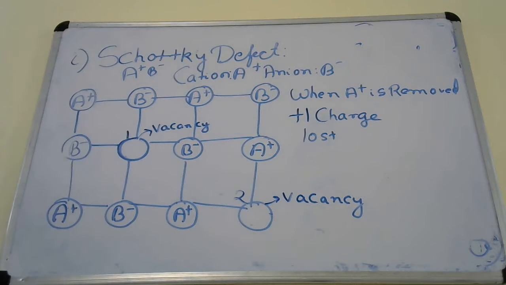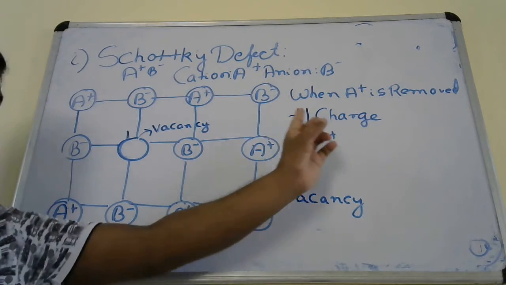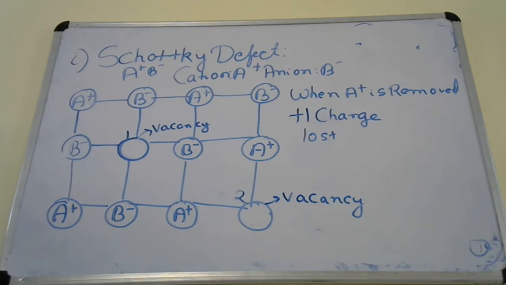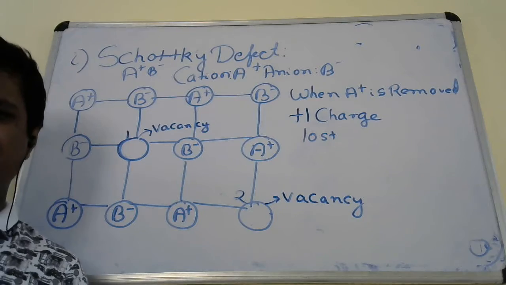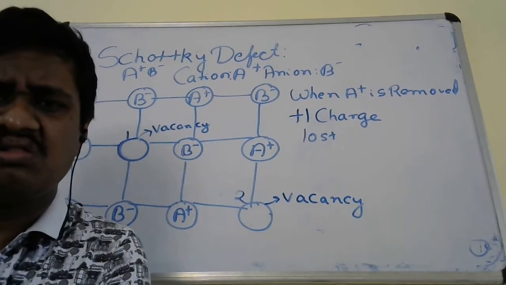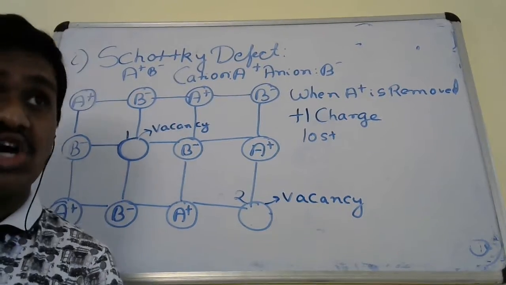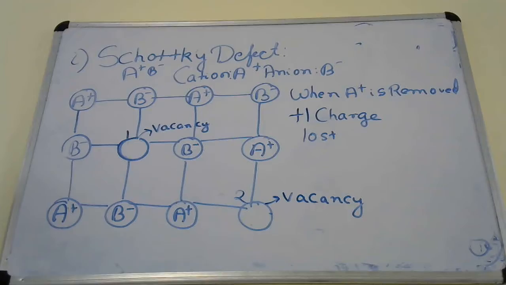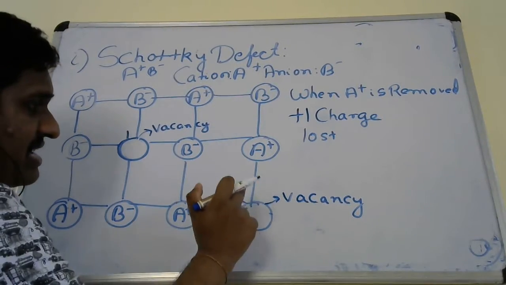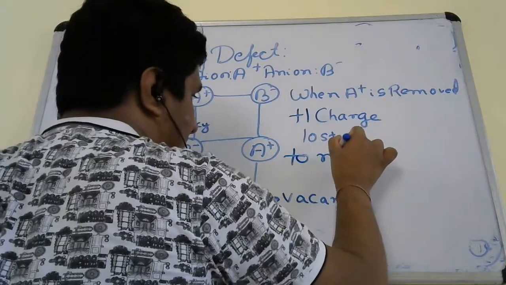So when we removed a cation from a lattice site, plus 1 charge is lost. Now, is the ionic solid neutral? No. So in order to maintain electrical neutrality, I have to remove another anion.